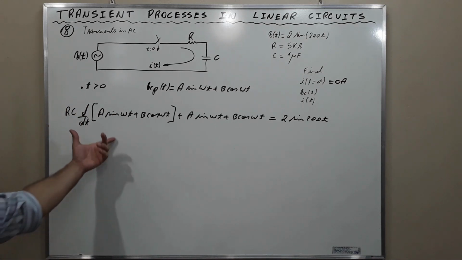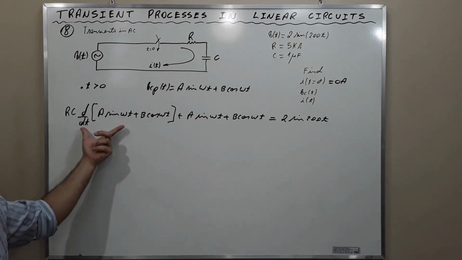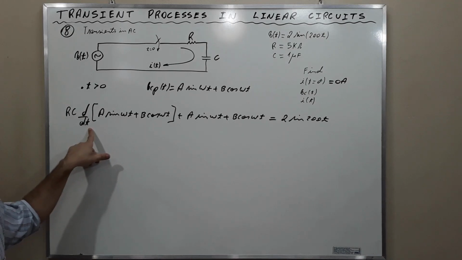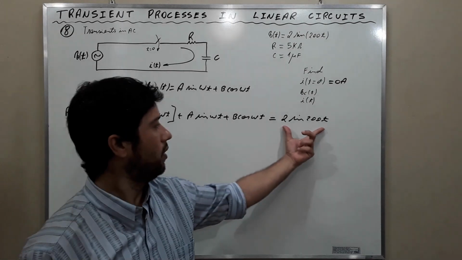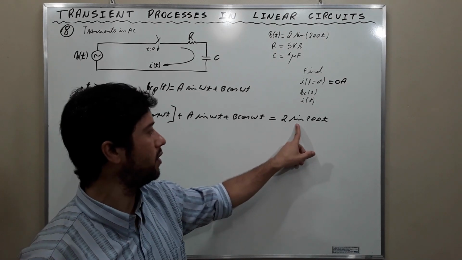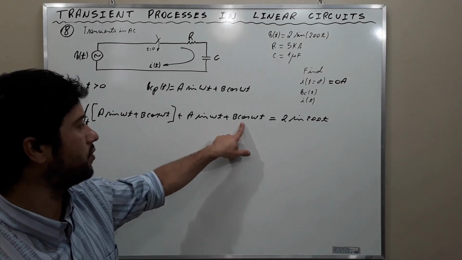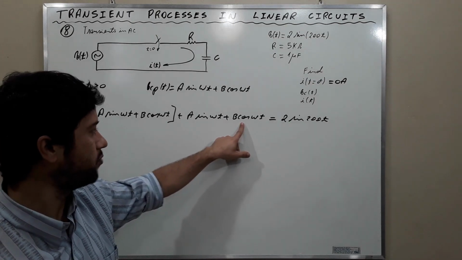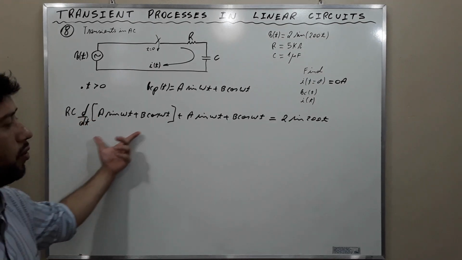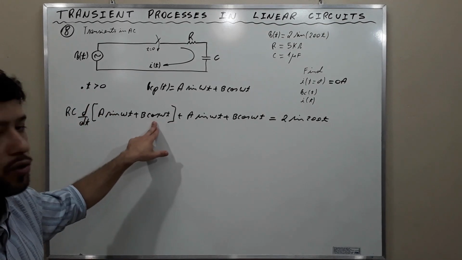Observe that our differential equation has a differential here, okay? The derivative of sine is cosine, and the derivative of cosine is minus sine. Then, to fully reflect the forcing term, we need to have terms in sine and cosine.